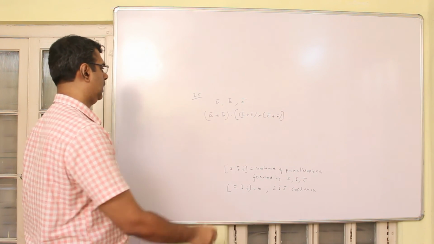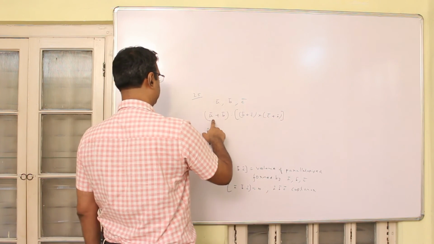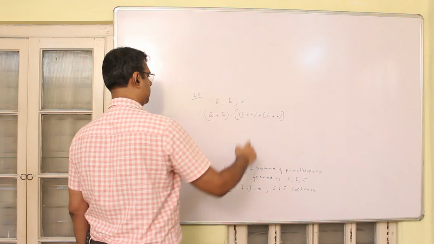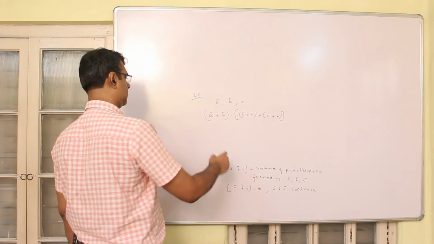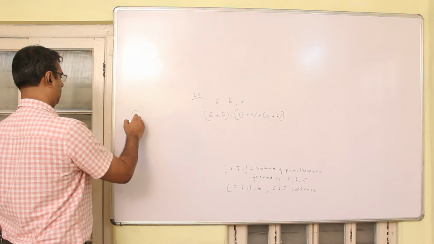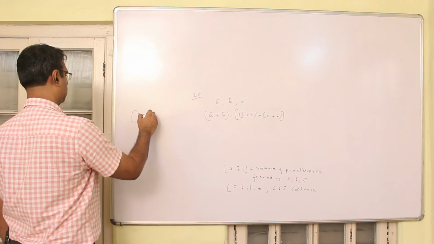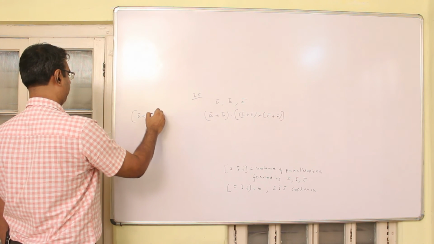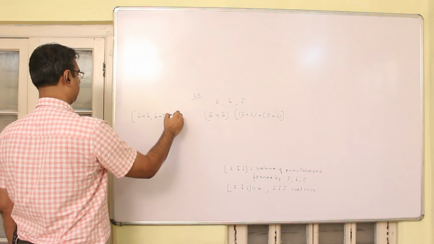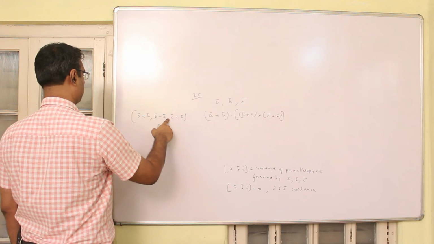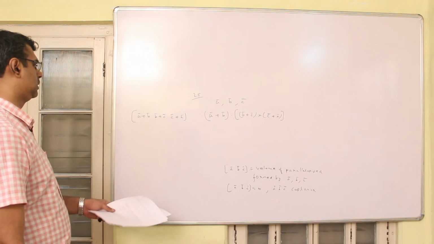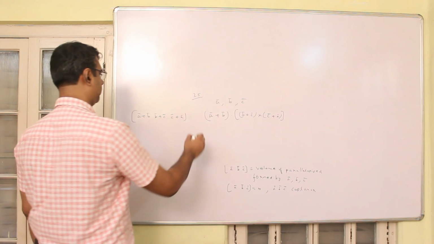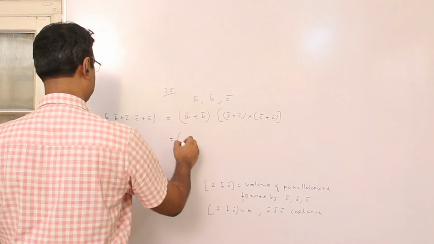So you have to prove that A, B, C are coplanar if and only if A plus B, B plus C, C plus A are coplanar. So let's do one thing. Let's write the scalar triple product of A plus B, B plus C and C plus A. So obviously that will be equal to this.